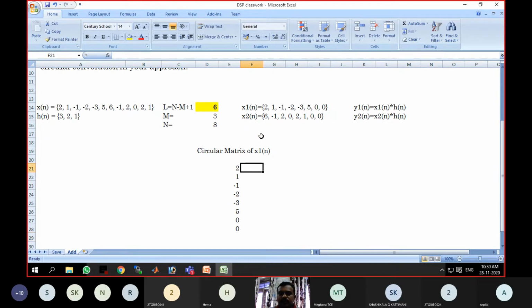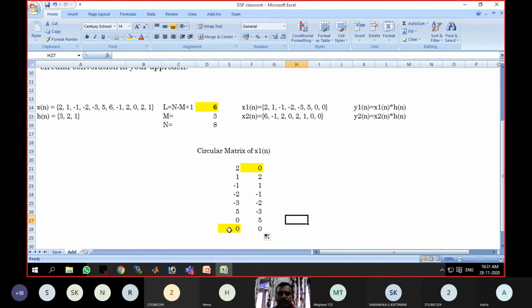Then how do we begin the second column? We need to consider the last element as the first element here. So I have taken this one as the first element for the next column, and the remaining bits are shifted accordingly from top to bottom.